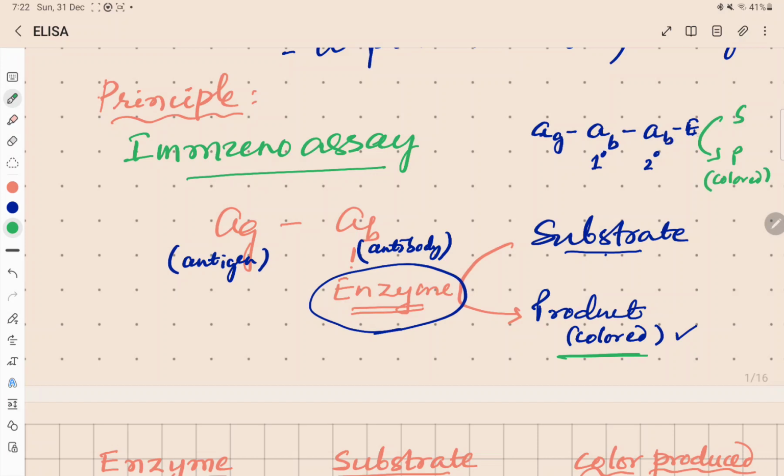The antibody conjugated with the enzyme can bind directly with the antigen, or indirectly through the sample antibody.